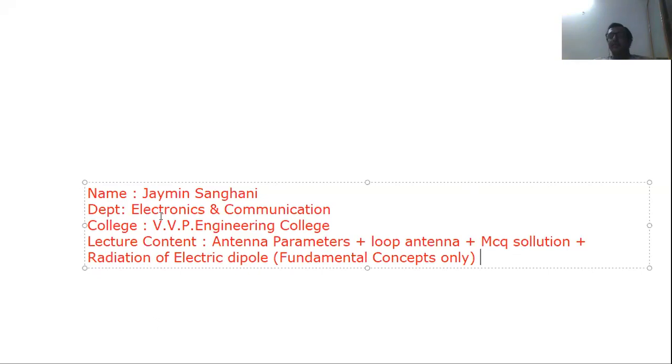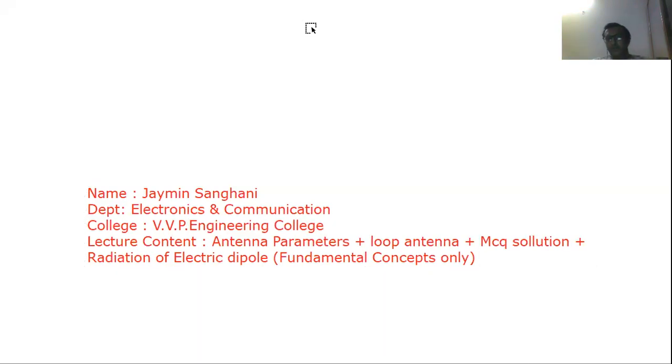Impedance matching device means it matches the impedance between the transmitting antenna and free space, and free space and the receiver. So it is the fundamental concept regarding antenna and wave propagation.